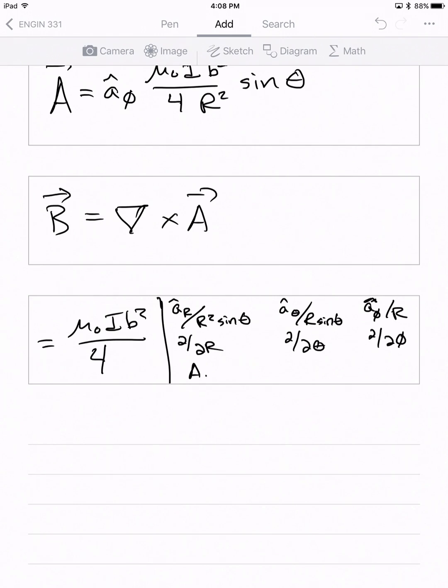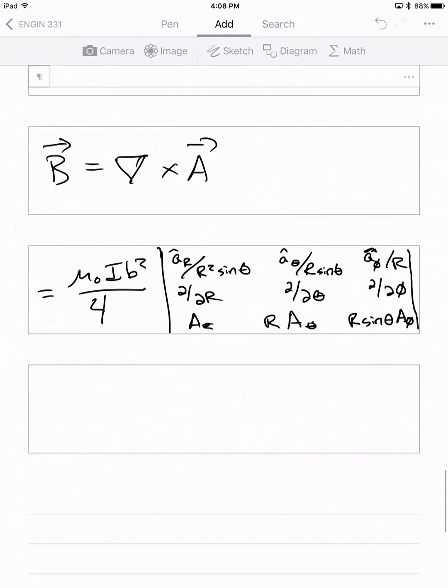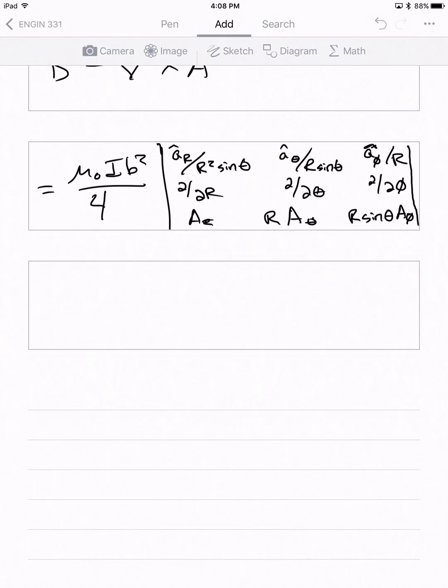Lastly, A sub r, r A sub theta, r sine theta A sub phi. There. Now, all we have in our particular situation right now is A sub phi. We don't have any of the other terms.